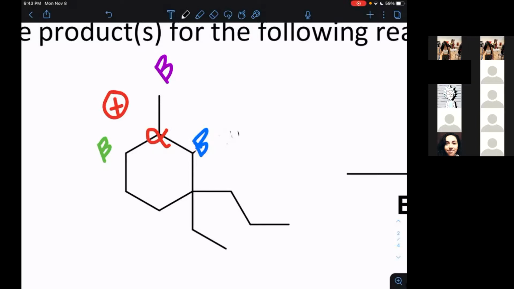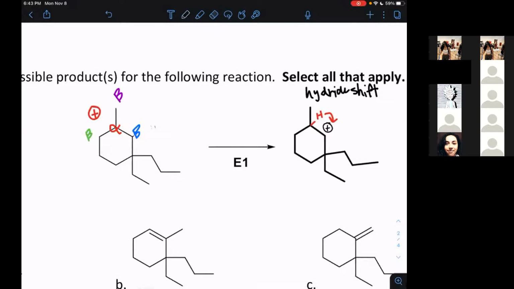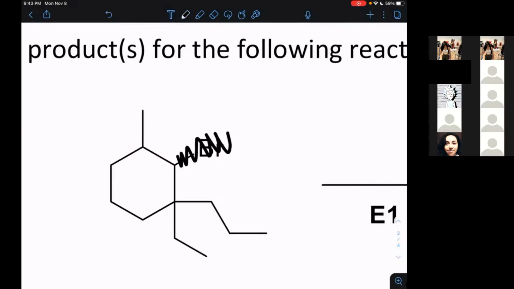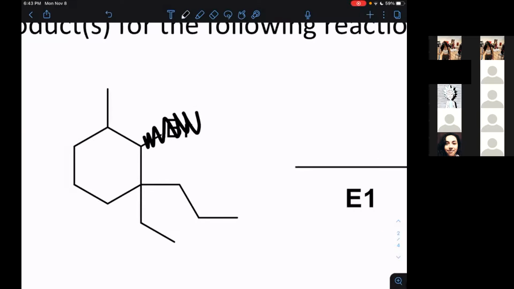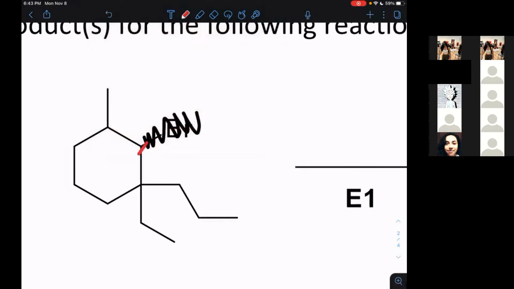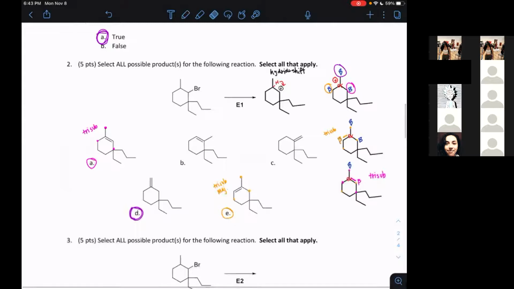And what's the difference between E1 and E2? E2, they won't be able to do the carbocation rearrangement. So you'll just go straight from here, you'll take it off, and then this will be your alpha automatically. And that will be the only result. Yeah, so actually that's gonna happen in the next one. So we could go to the next one then.